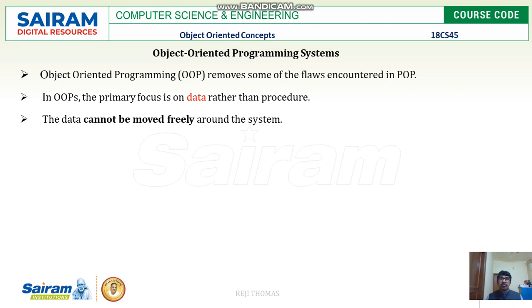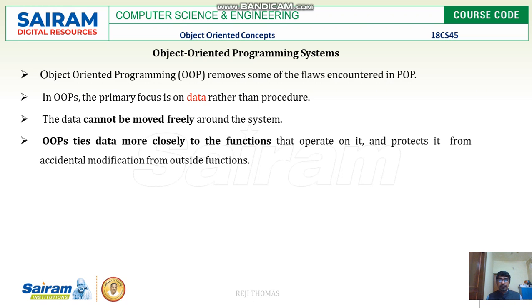Data cannot move freely around the procedures or systems, and data is more closely associated with the functions. Object-oriented programming ties data very closely to the function, so that accidentally or any non-member, unwanted function cannot access it.